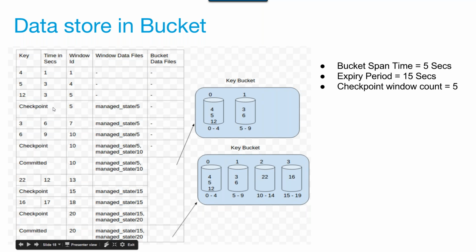And window 5 is the checkpoint window, so it creates the window data file 5 and all these keys are saved in this window data file. Also, the data in the flash segment moves to the checkpoint segment.